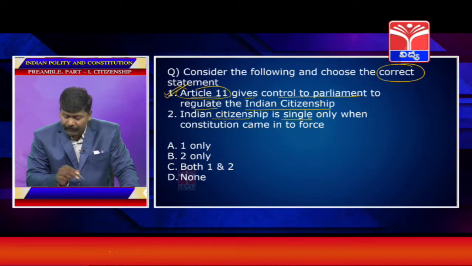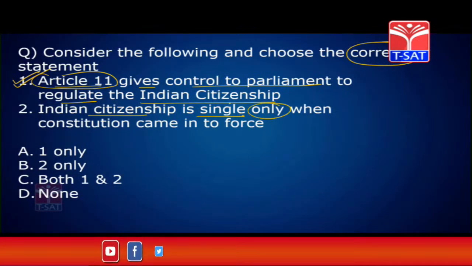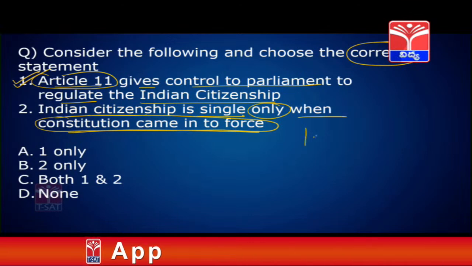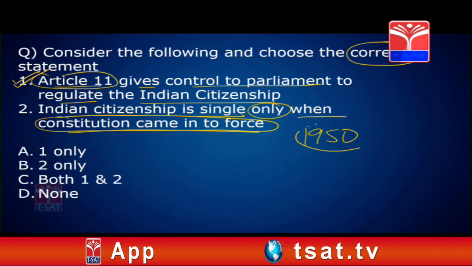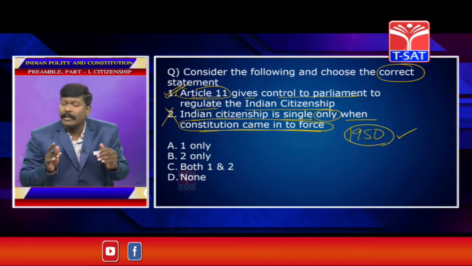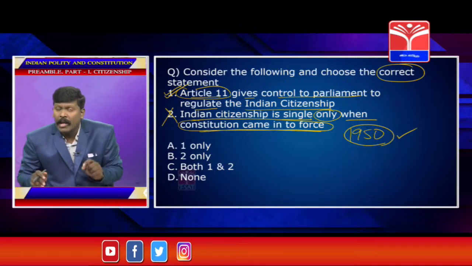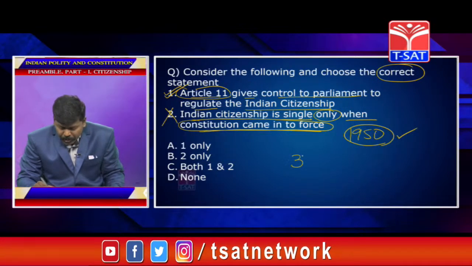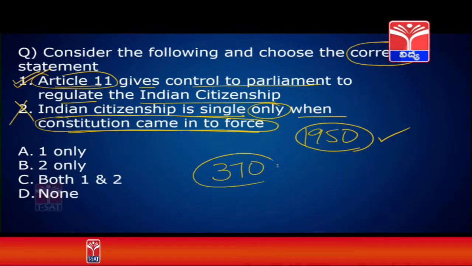Indian citizenship is single only. When the Constitution came into force, see, this is specifically mentioned. When the Constitution came into force in the year 1950, Indian citizenship is single only. Absolutely wrong. You know why? Even though the nature of Indian citizenship is single, when the Constitution came into force, we had special provisions given to Jammu and Kashmir as part of Article 370.